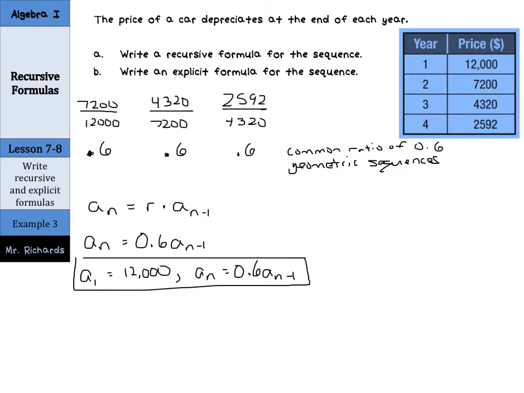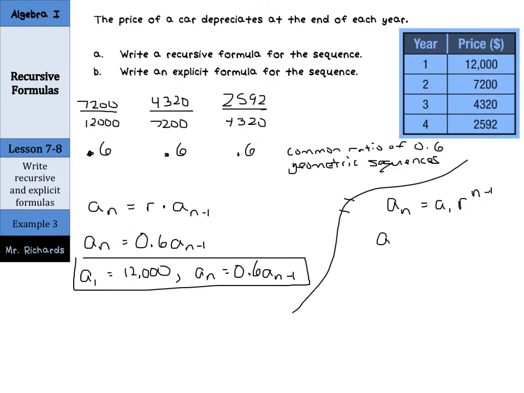Now, what about an explicit sequence? Well, here we can use the formula for the nth term of a geometric sequence, which, if you remember, was a(n) equals our first term a1 multiplied by our common ratio r to the n minus 1 power.